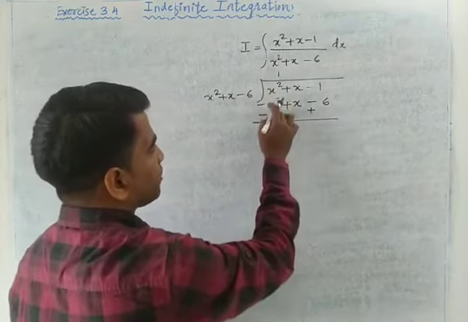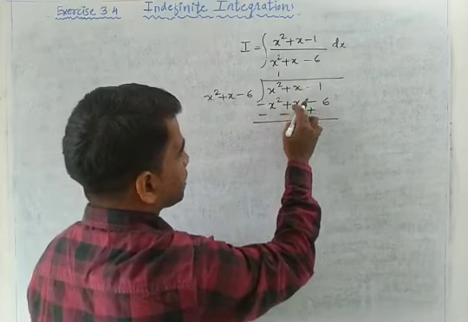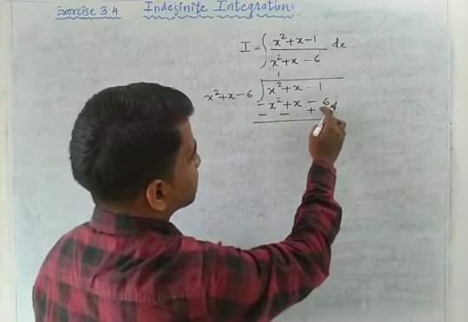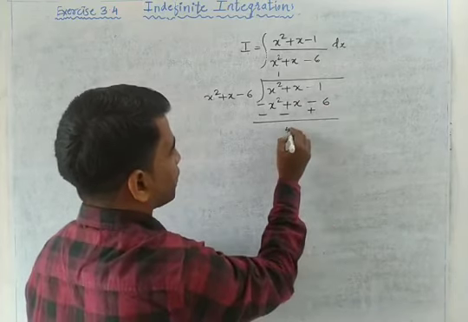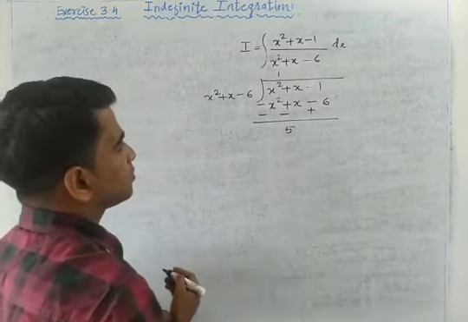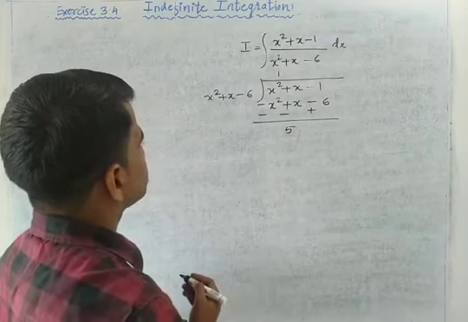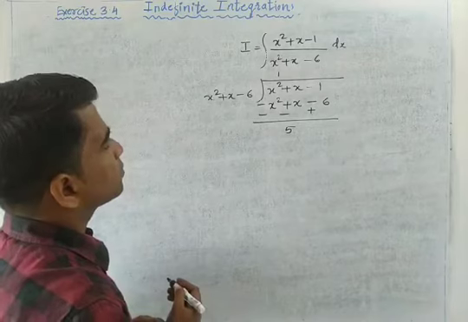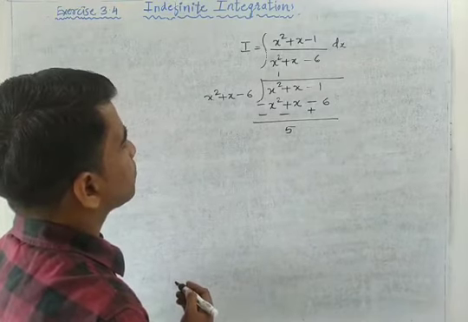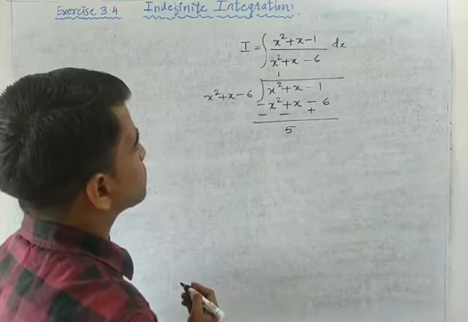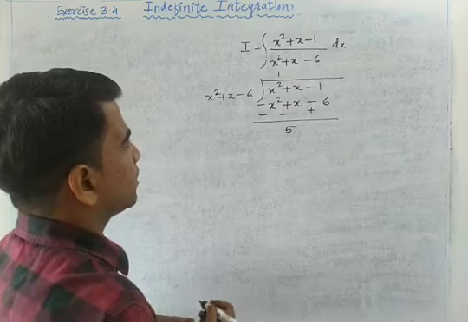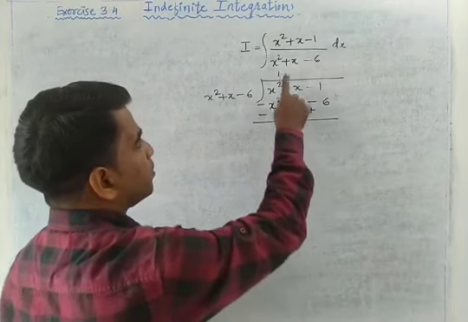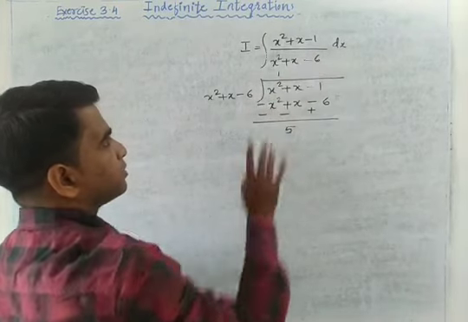So now x square by x square is 0, x minus x is 0, and minus 1 minus 6 plus 6, we will get 5. Get it? Now what will happen? It means the remainder value is 5. Only we have to replace the adjustment in the numerator.